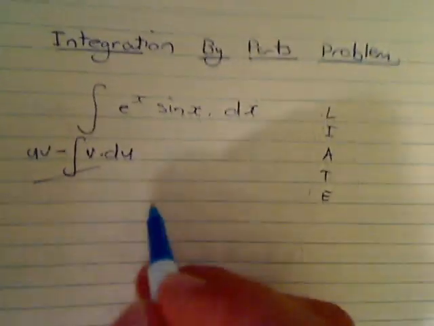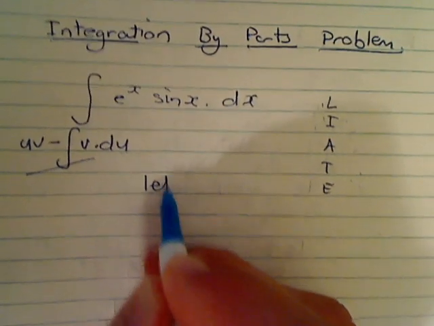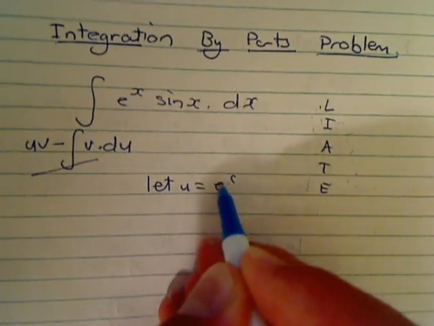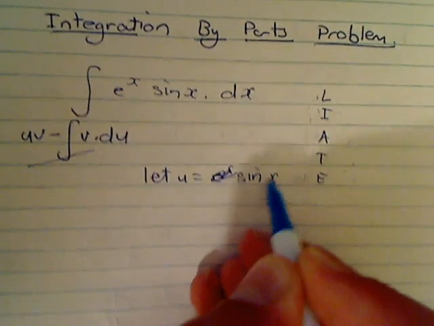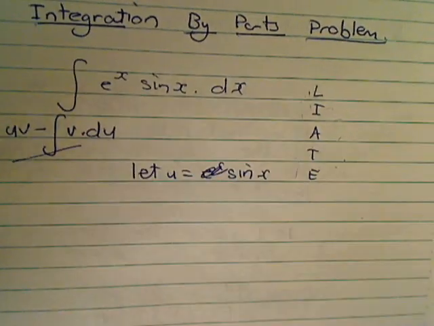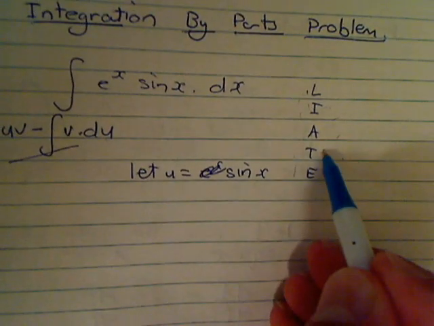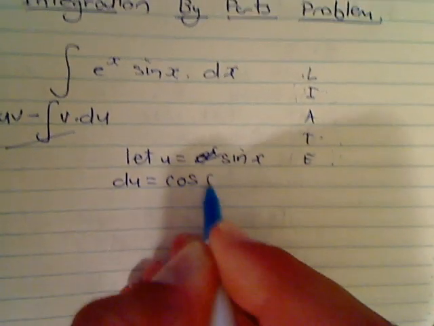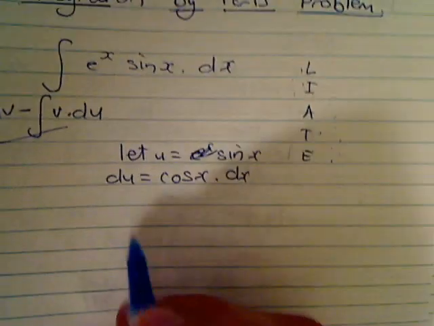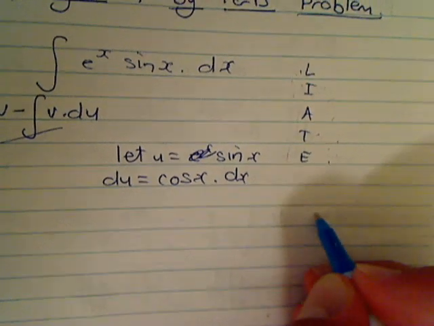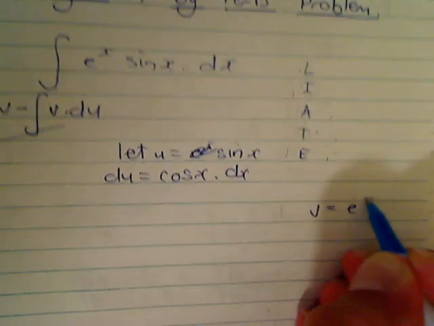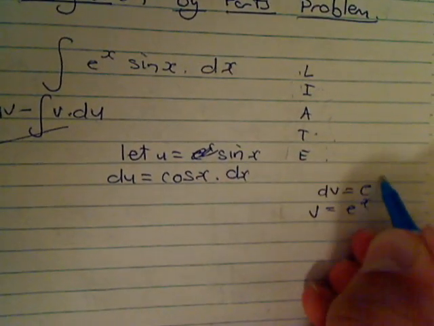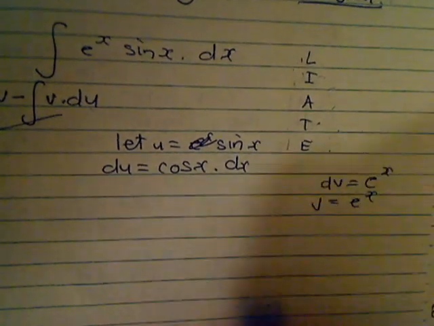So for this problem, I'm going to let u equal, oops, sin x. I was about to write e^x. Sin x, because trig is above the exponential, and that means du equals cos x dx. My v will be e^x, and obviously dv is e^x dx.